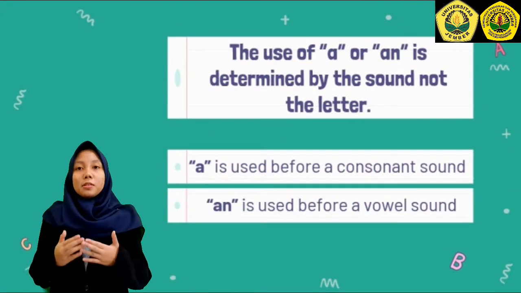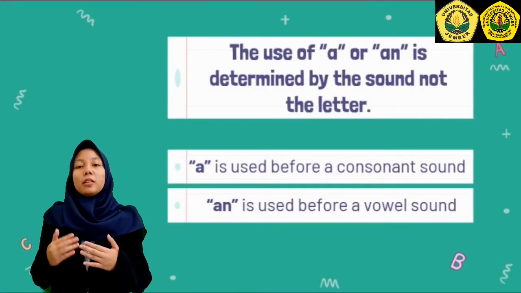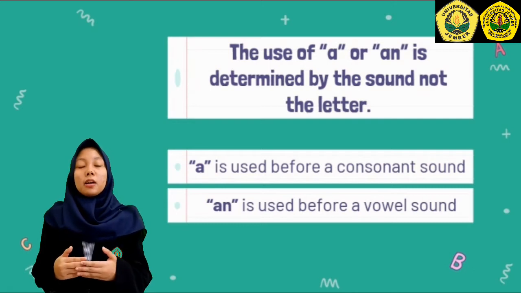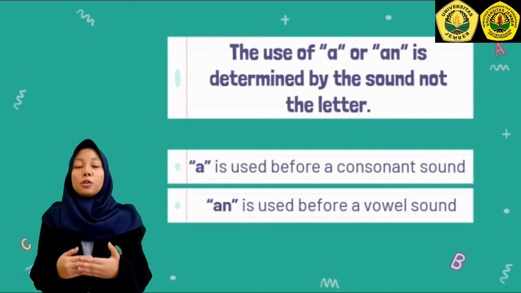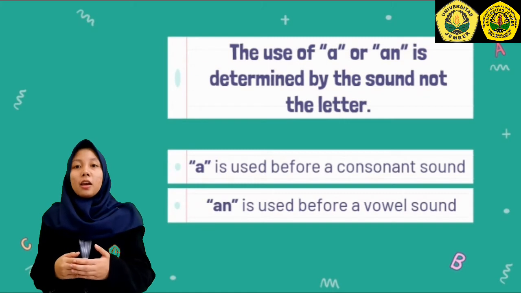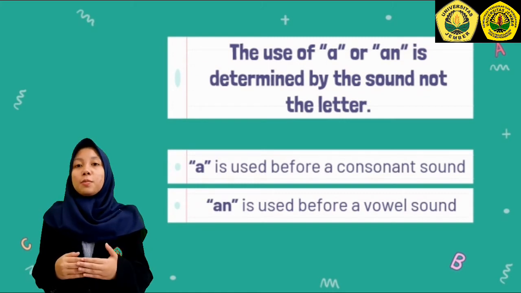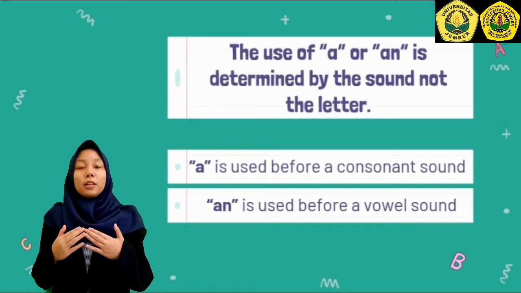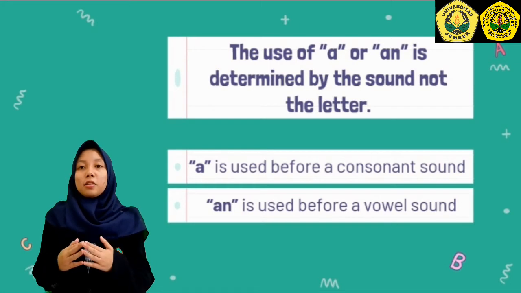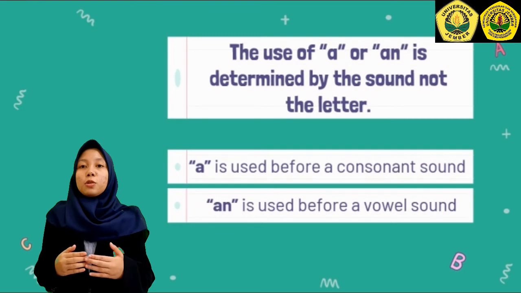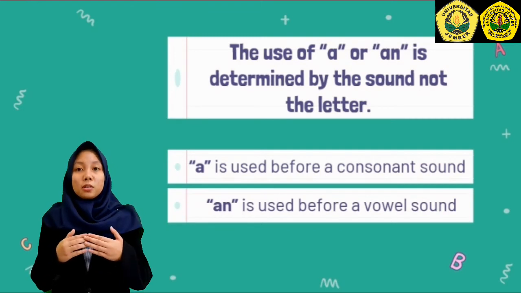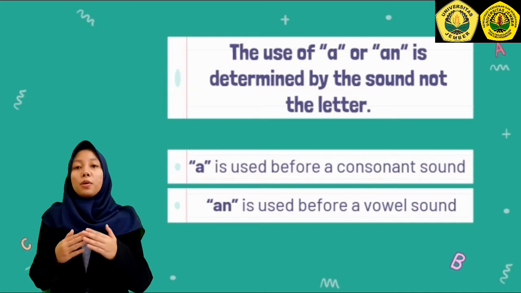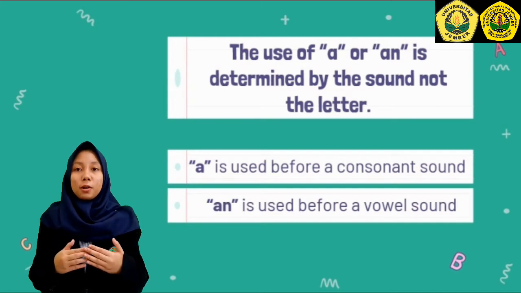The most common mistake in the use of articles "a" and "an" is because the writer believes that the article "a" is used before a consonant and the article "an" is used before a vowel. So that's why here I would like to emphasize that the article "a" is used when a word begins with a consonant sound and the article "an" is used when a word begins with a vowel sound.